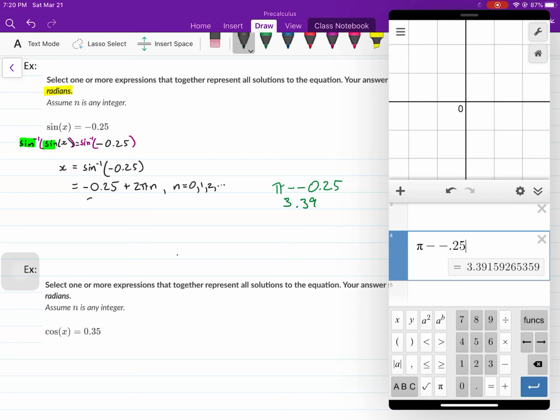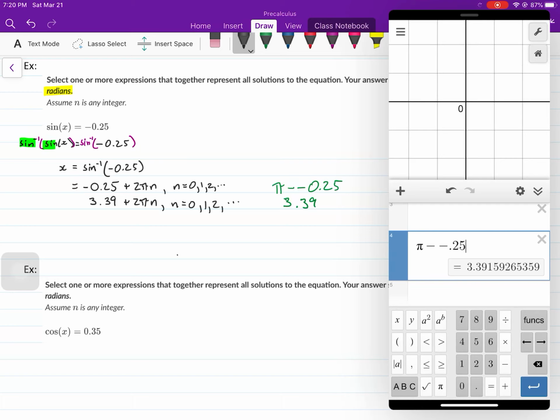So our other value is going to be 3.39, and then of course plus the 2 pi n, because it's going to happen every 2 pi each time we go around the circle, for n equals 0, 1, 2, and so on.